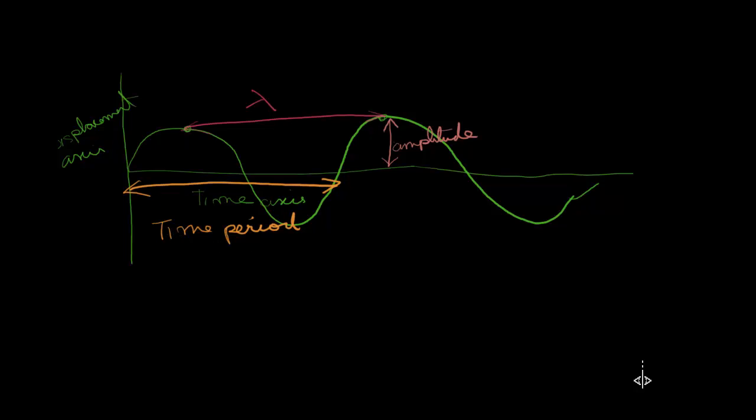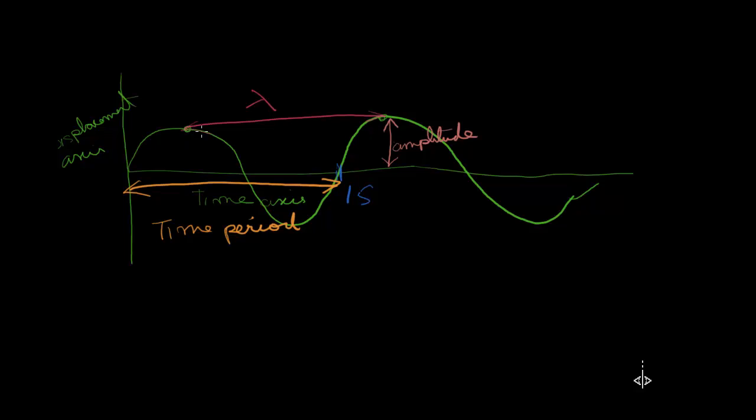Frequency cannot be represented here unless we have something like this. Let us recall frequency. Frequency is the number of complete oscillations per 1 second. So say if this is 1 second, that means in 1 second time we have one oscillation, which means the frequency is 1 Hz.